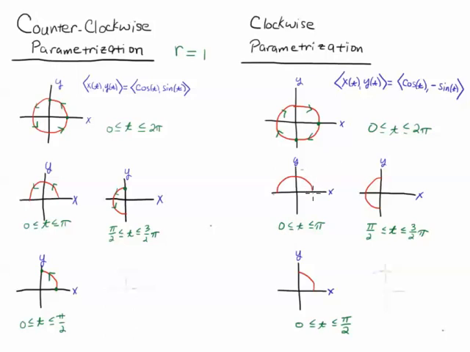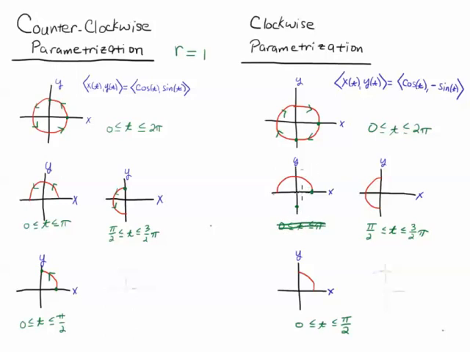And then similarly, when t is 0, cosine is 1, and sine is 0. But when t is pi over 2, cosine is 0 and sine is minus 1. Oh, so now we see this isn't going to quite work, and we would be down here if we're going in the clockwise direction. So these values for t will no longer hold, and we have to come up with a different set of values, okay?